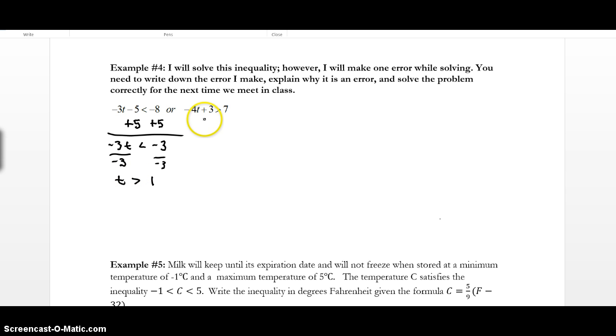Now I'll solve the other side. Alright, I'm done solving it. I have made one mistake in there. Now, I want you to follow these directions, again, read through them, and have that done for us the next time we meet in class.